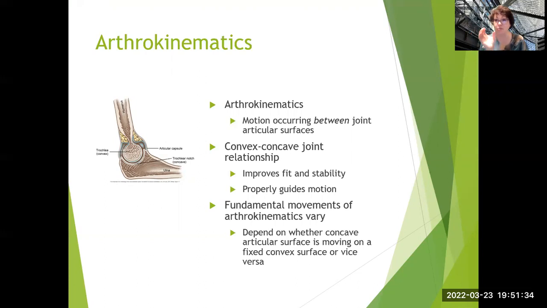That's the whole idea of why you have a convex surface and a concave surface coming together: good fit, good stability, and it guides the motion of the joints. The fundamental movements of arthrokinematics vary depending on whether a concave articular surface is moving on a fixed convex surface or vice versa. We'll talk about how that happens.